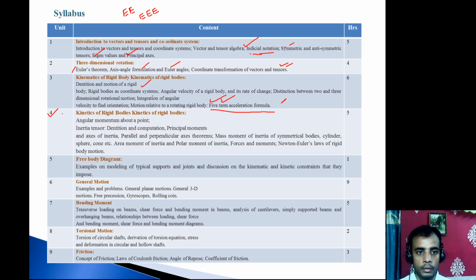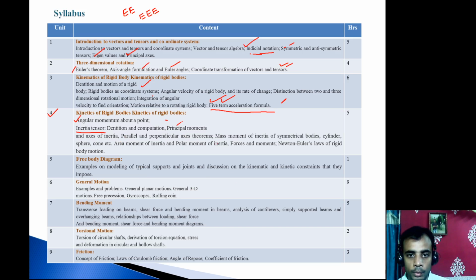Then we will study about the kinetics of rigid bodies. Okay, here we will learn about the angular momentum about a point, inertia tensor, which is very important, definition, computation and principal moments. Clear? So we will learn in detail the inertia tensor.